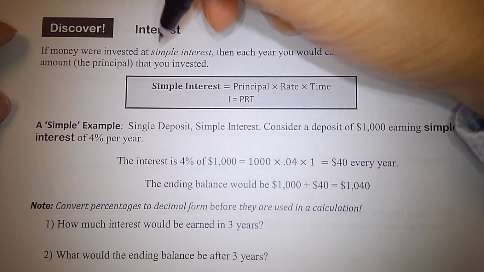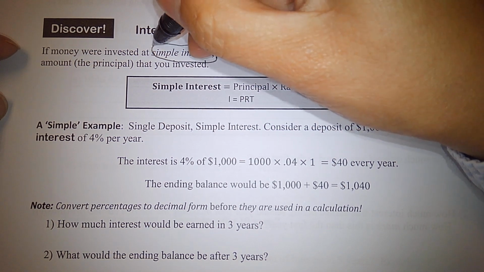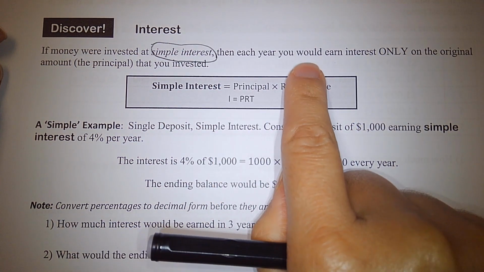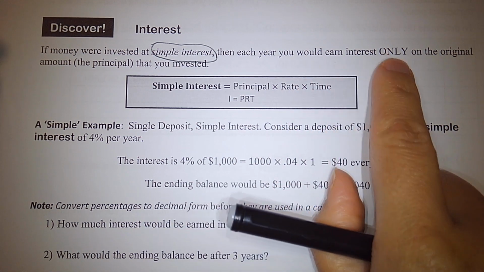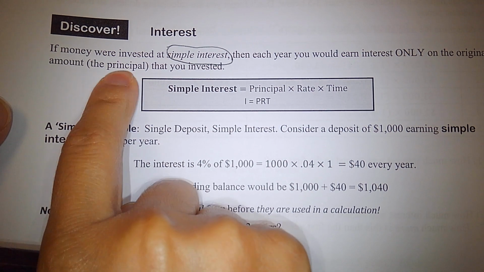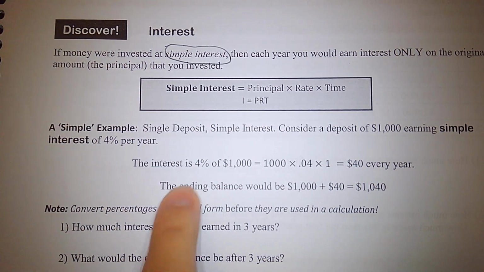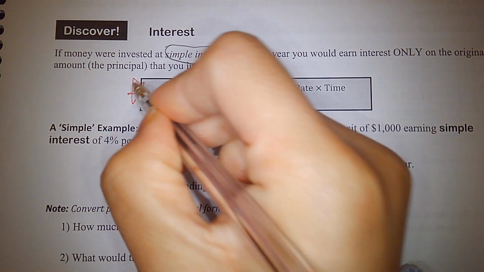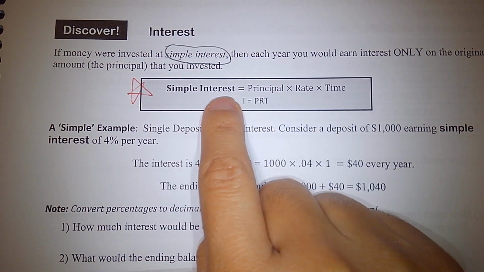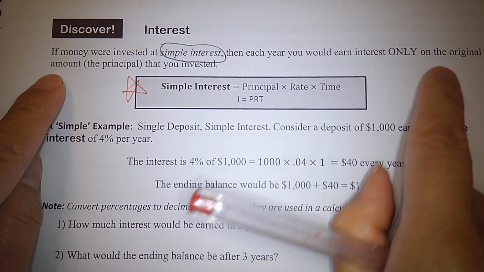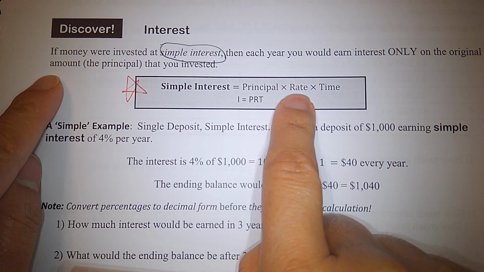All right, so simple interest. If we do the calculation, we compute the interest only on the original amount, or the principal, that we invested. And the formula to compute simple interest is this: principal, which is our original amount, times the rate.